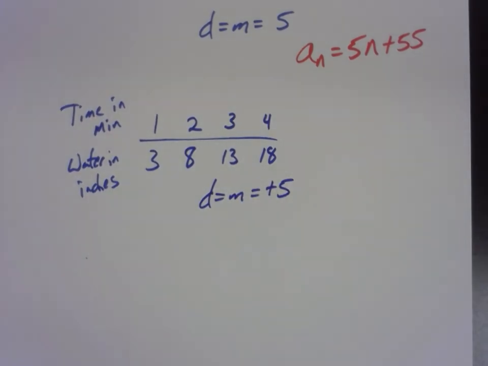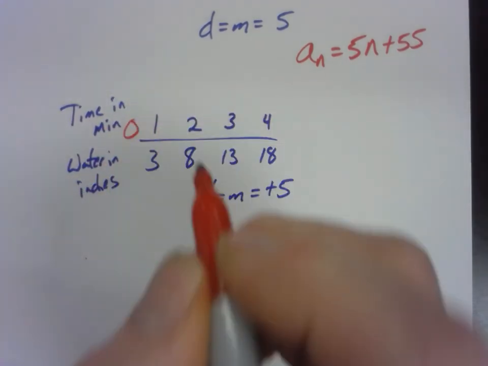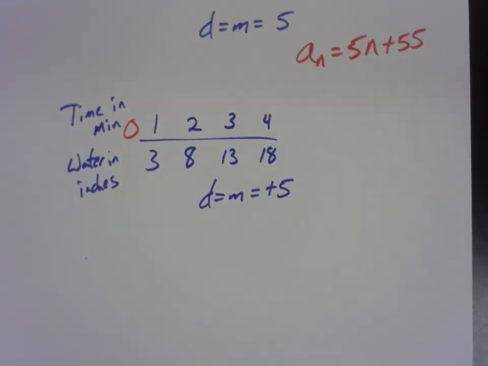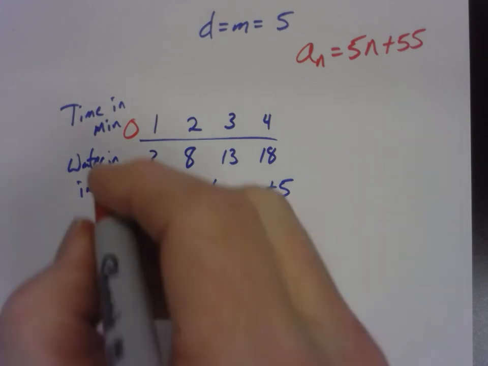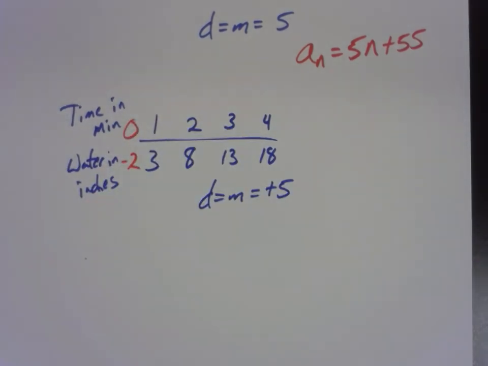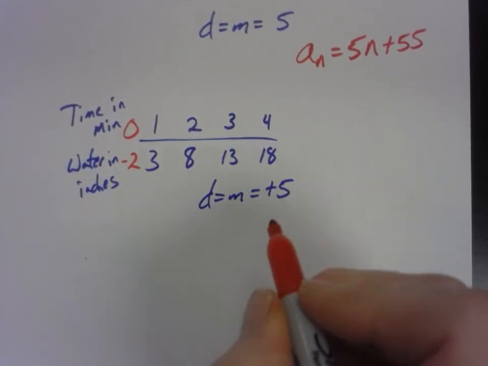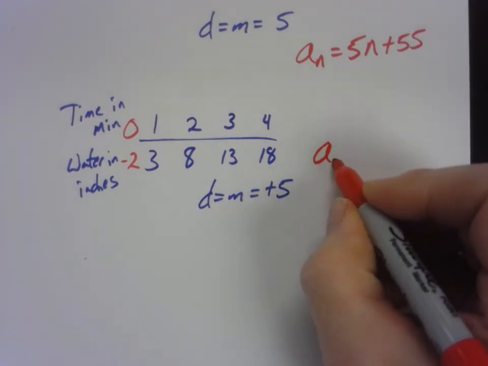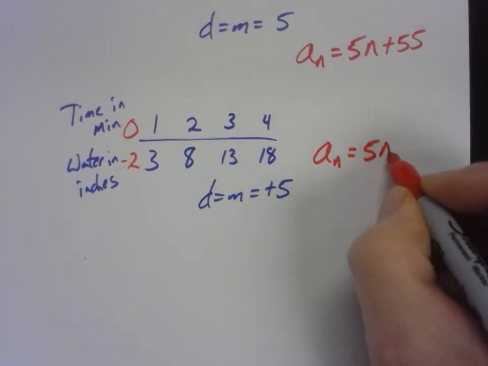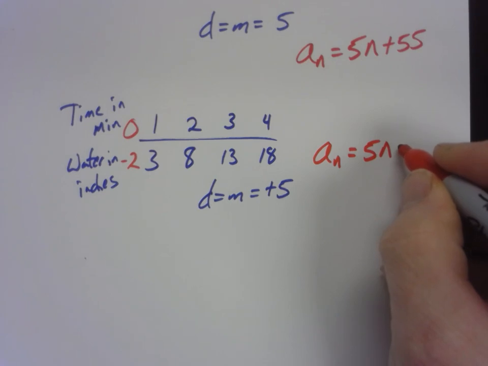Does it make sense in this case to think about time 0? I think it does. Is that a real thing that can actually happen? No, but it's fine. We can still say a sub n equals 5n minus 2.